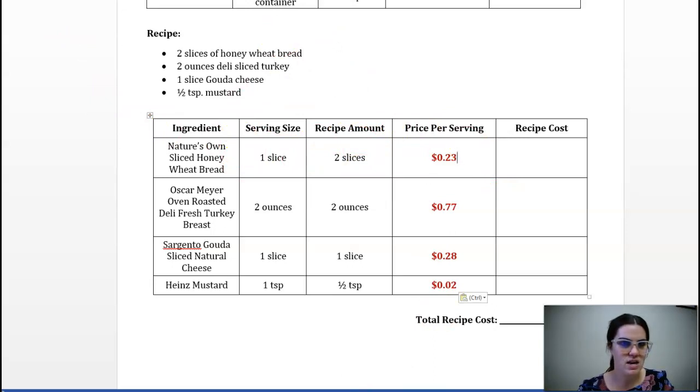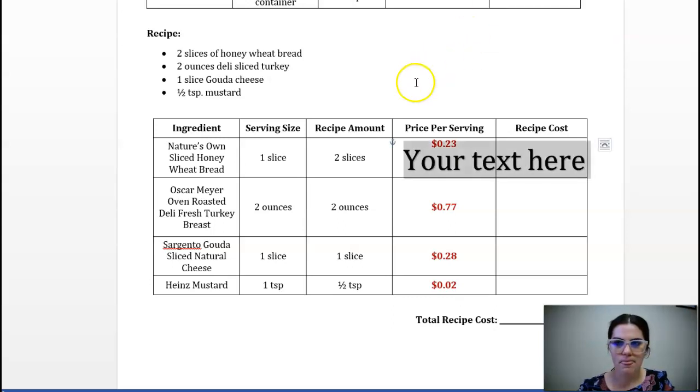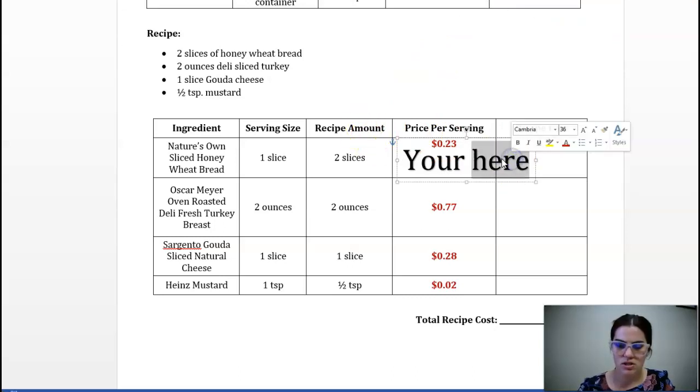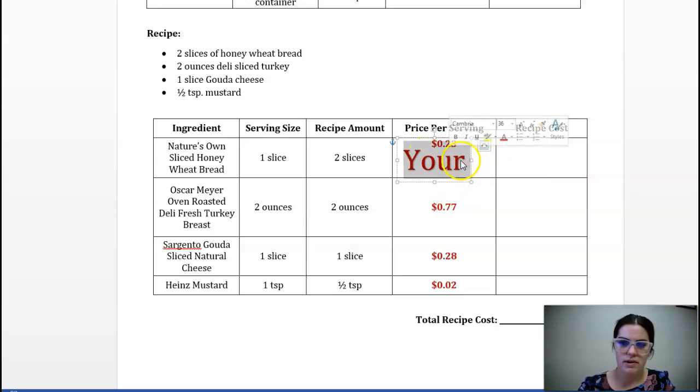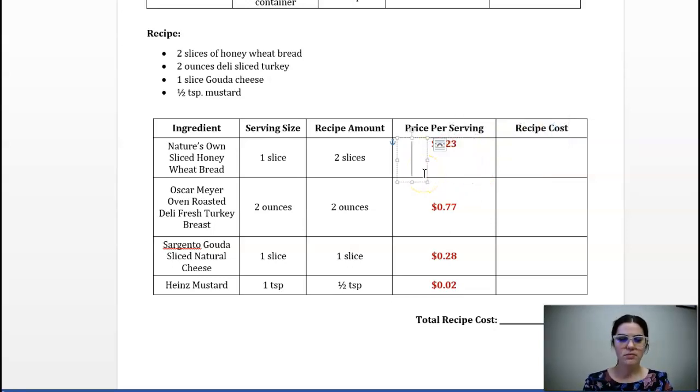Our serving size for that bread on the food label is 1 slice, but we are going to use 2 slices in this recipe. So we are going to have a factor of 2, and we're going to multiply this by 2.